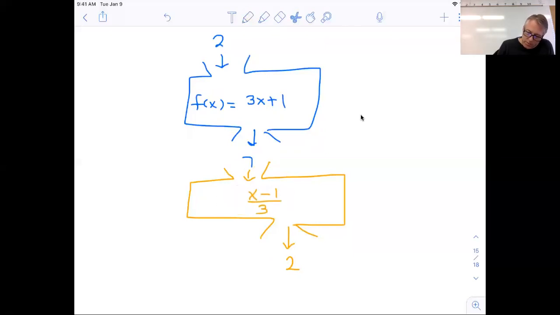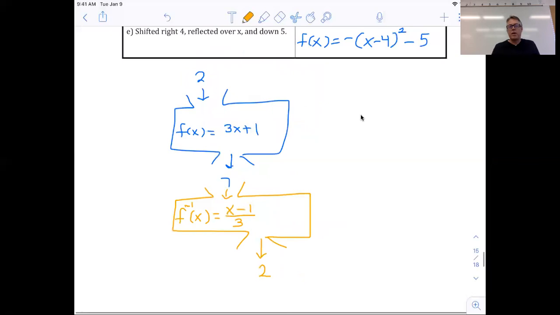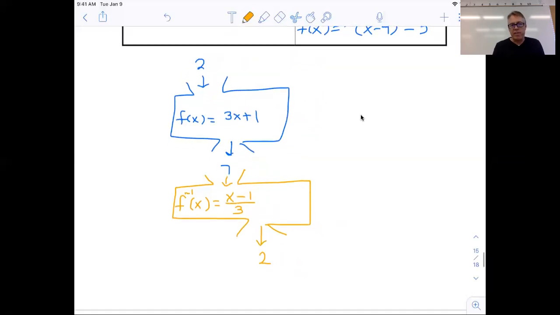Well, when that happens, that's called an inverse function. And it's denoted like this. It has f and a little -1 of x. So we would say the inverse of f.